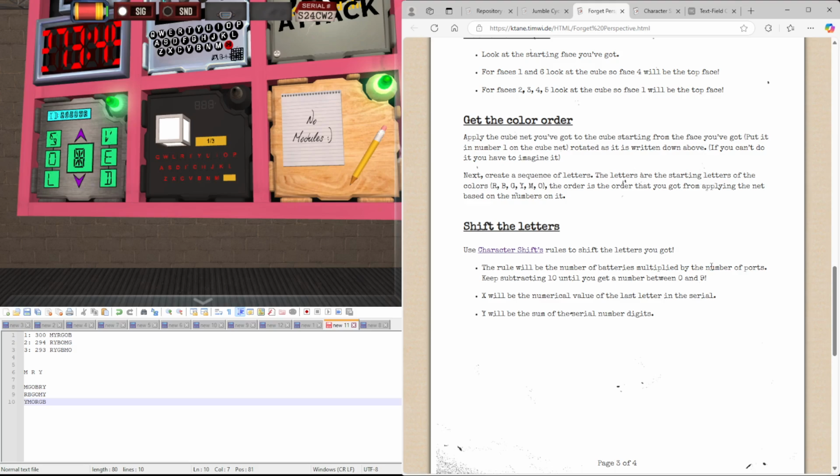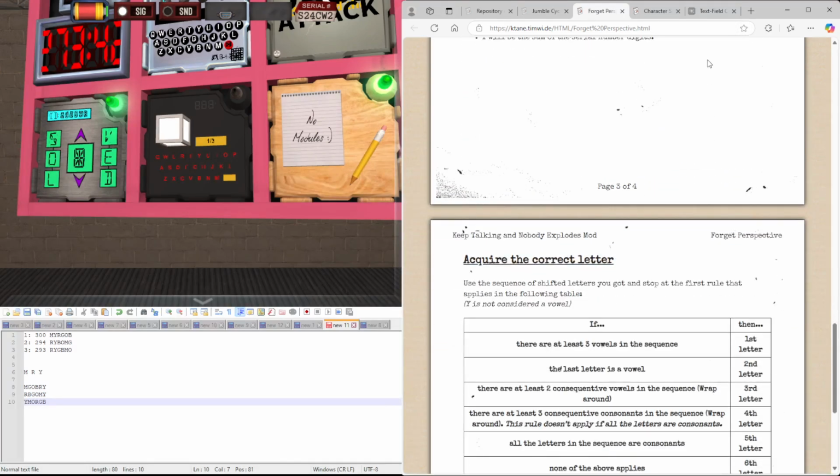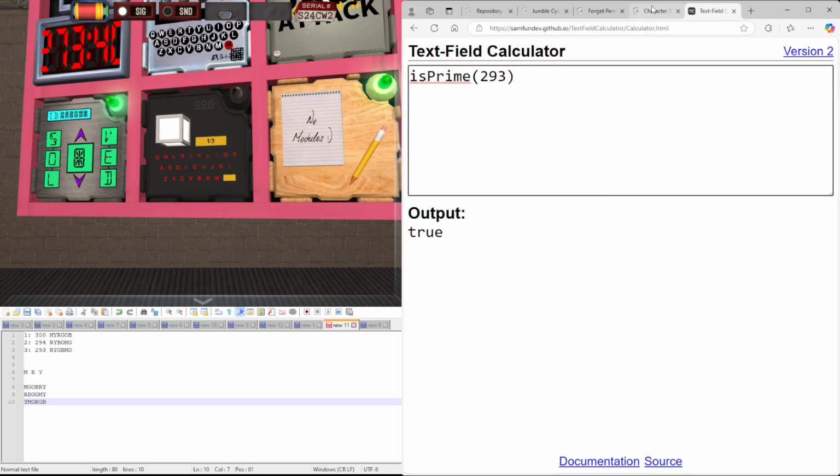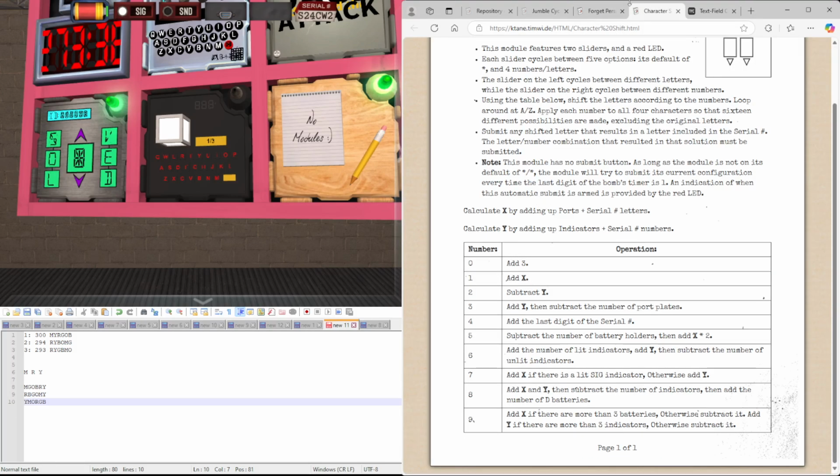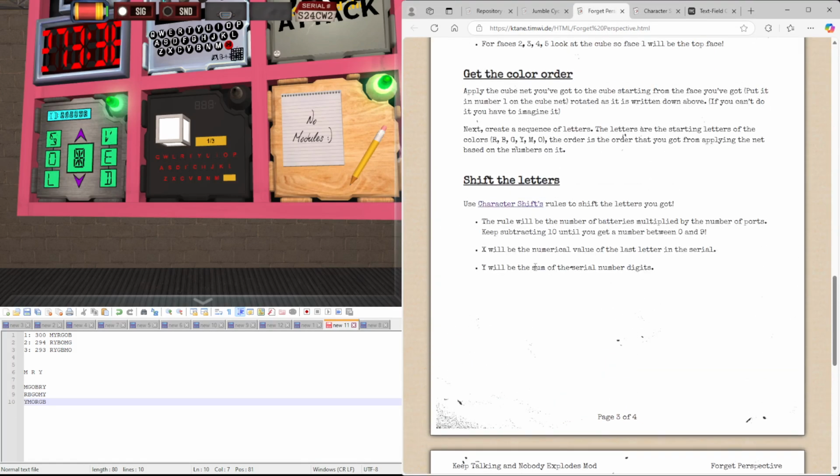So 1. So we're adding X. X will be the numerical value to the last letter of the serial number, which is 23. We're adding 23.